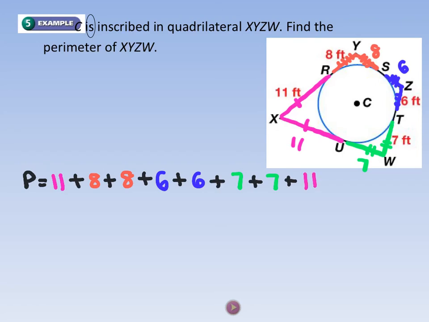And when I simplify that, combining all the numbers, it gives us a value of 64. So your perimeter is 64 feet.